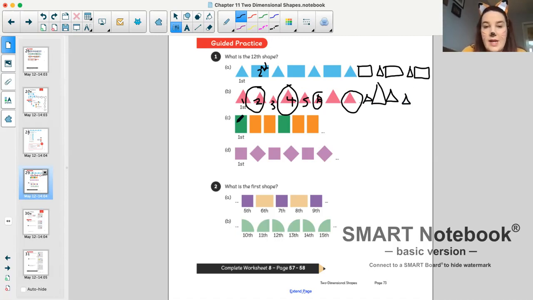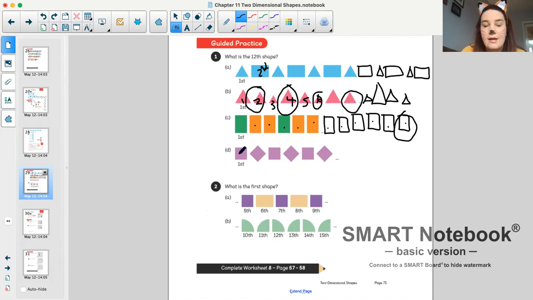Okay, so here again we've got a pattern of 3, so it makes it a little bit harder because we've got 2, 3, 4, 5, 6, and then we'd go 7, 8, 9, 10, 11, 12. So it'd be green, orange, orange, green, orange, orange. Our answer would be orange.